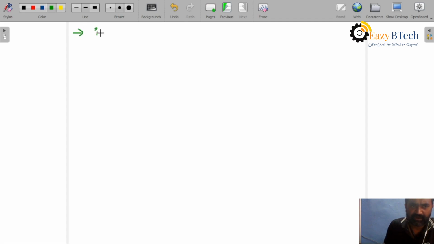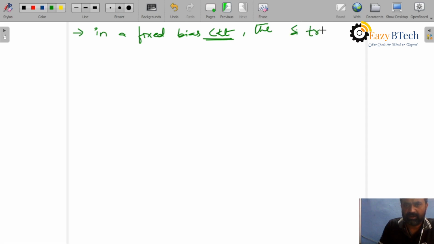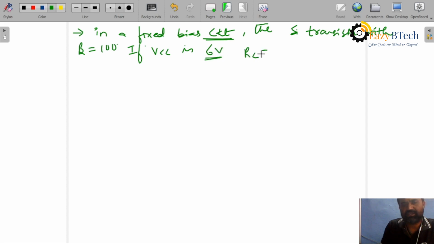In a fixed bias circuit, the silicon transistor with beta is 100, if VCC is 6 volts, RC is 3 kilo ohm, RB is 530 kilo ohm.